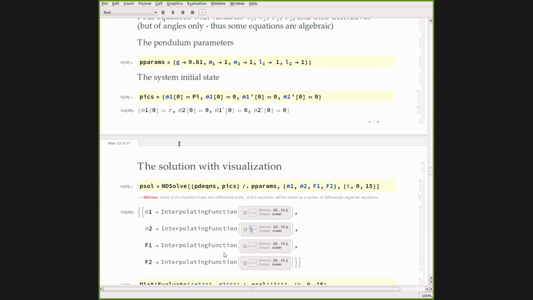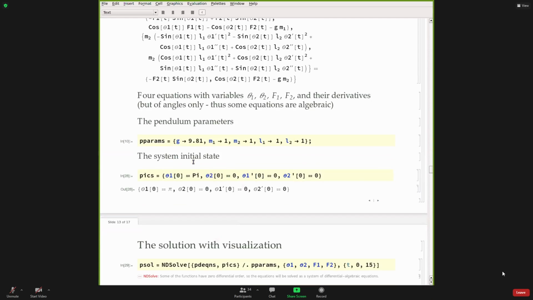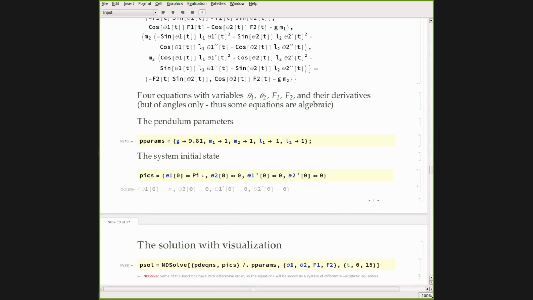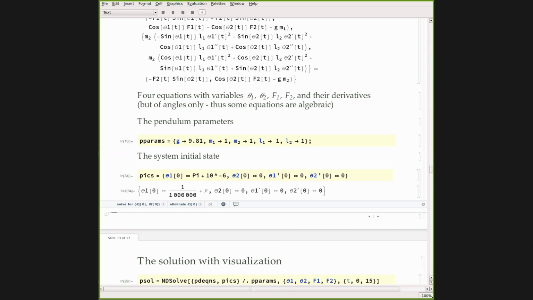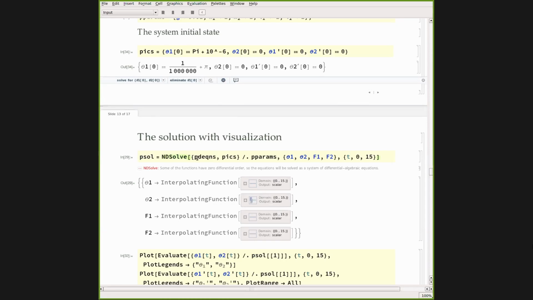Okay, so let's make this small disturbance. Let's assume that the initial condition is not exactly at pi, but pi plus something quite small. I don't know, 10 to the power of minus 6. Let's see what will happen now.